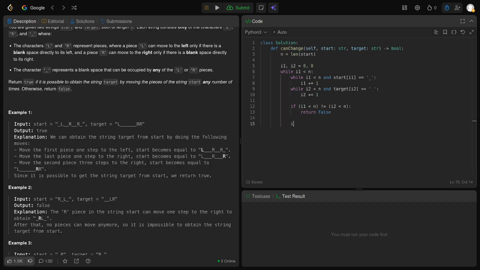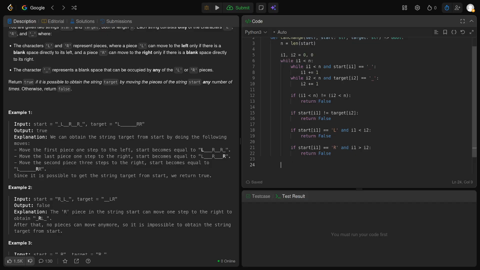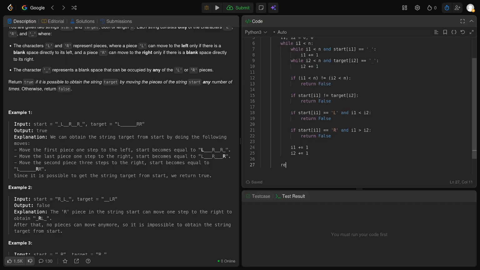Otherwise we want to do: if start I1 doesn't equal target I2, return false. Okay, if start I1 is L and I1 under I2, return false. If start I1 is R and I1 over I2, return false. I1 plus equals 1, I2 plus equals 1, return true.